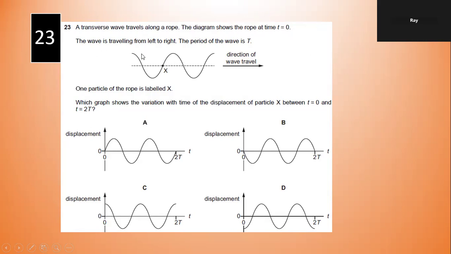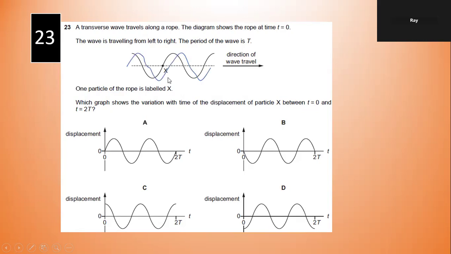The wave is traveling from left to right. One particle of the rope is labeled x. Which graph shows the variation with time of the displacement of the particle x between t equals 0 and t equals 2 seconds? I'd like to know how it's moving.